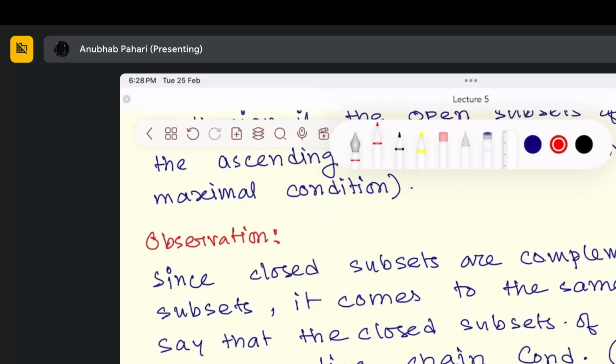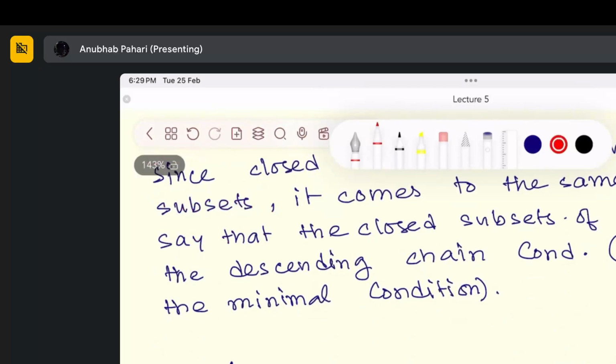Now for this, I think I should prove this.